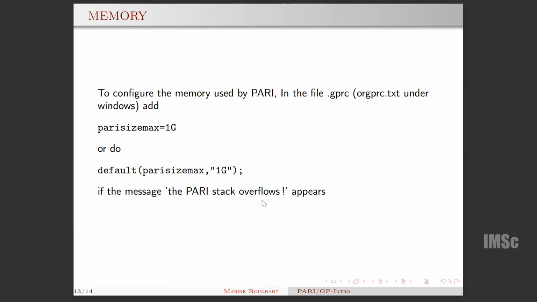And at some point, you can have this error message, PARI stack overflow. That means that the default memory used by the software is not enough to make your computation. So you can locally increase it, or you can go inside your file to specify quite a huge parisizemax to avoid this break.